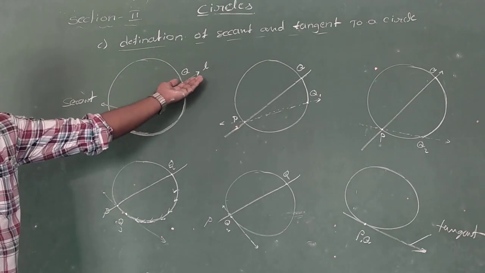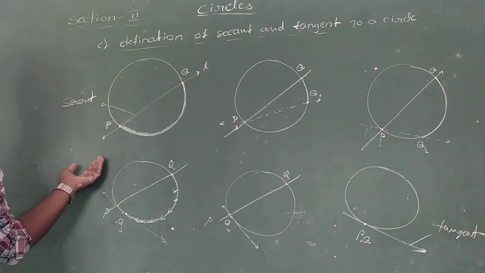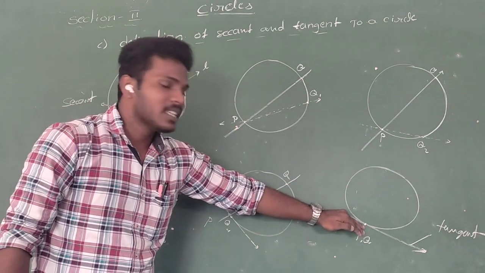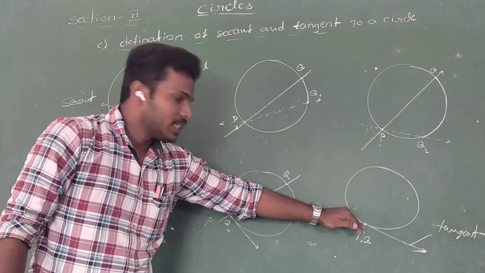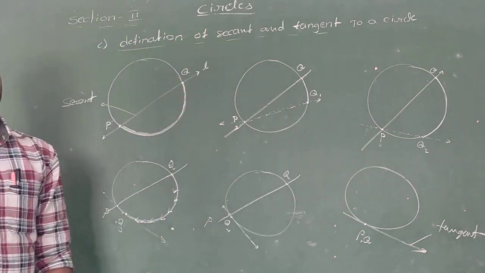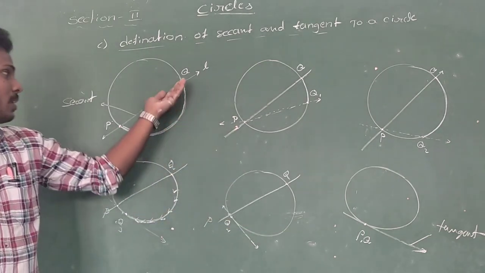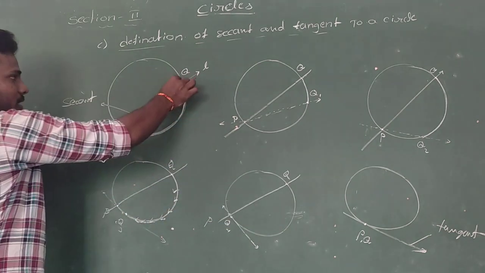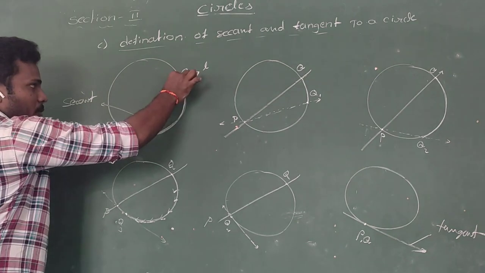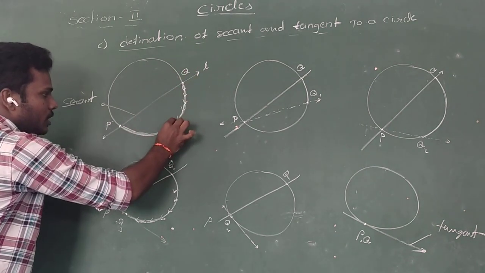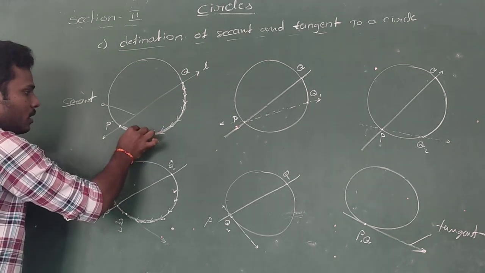Okay. If a line intersects the circle at two points, it is a secant. If a line just touches the circle at only one point, that line is called a tangent to the circle. So how do we derive the tangent from the secant? Suppose Q is moving to reach point P in this way along this path.